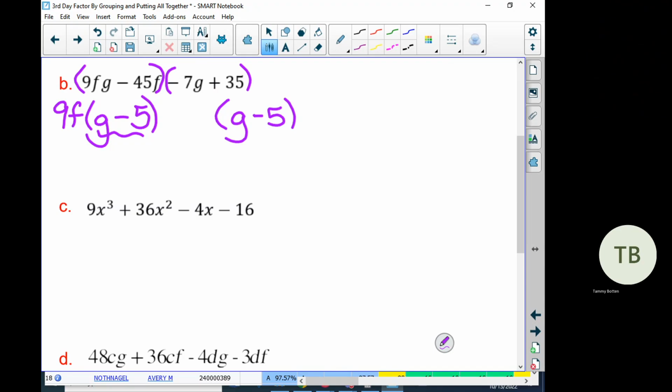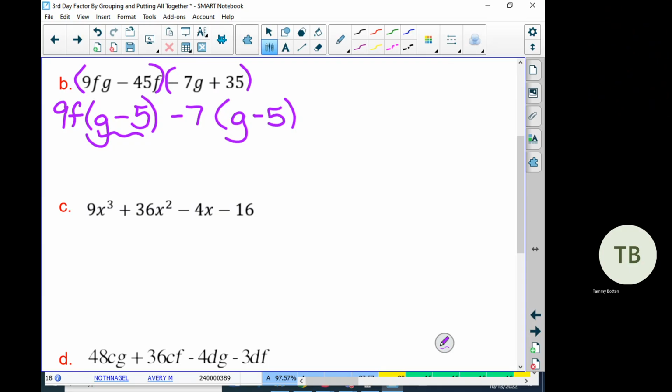And then I look at, should I take out a negative 7 or a positive 7? Wouldn't I need to take out a negative 7? You guys get that? Because negative 7 times G is negative 7G. And negative 7 times a negative 5 is plus 35.